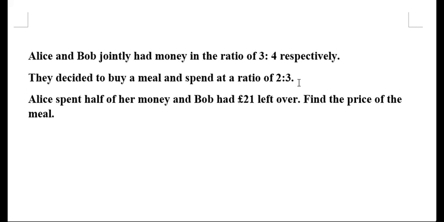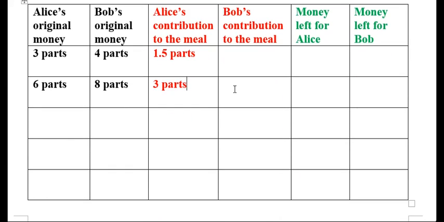That means Bob's contribution would be 1.5 times Alice's contribution. So if Alice's contribution is 3 parts, then Bob's contribution would be 4.5 parts. Again, 4.5 is a decimal number, so it's not easy for calculation.